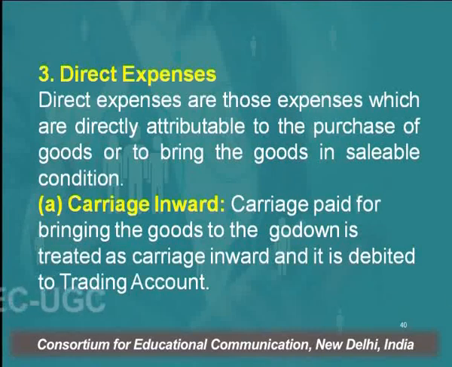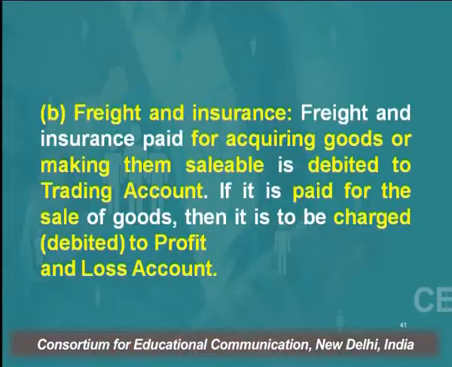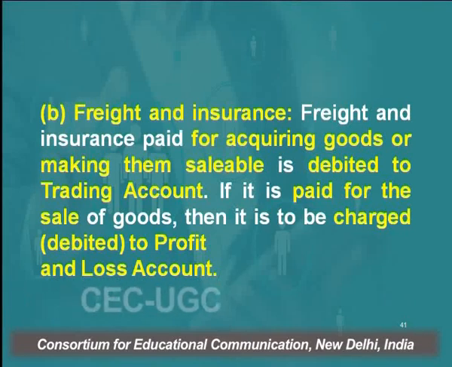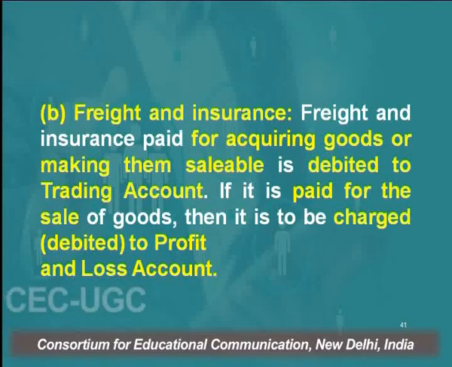Carriage paid for bringing the goods to the godown is treated as carriage inward, and this is shown on the debit side of the trading account. The next item of direct expenses is freight and insurance. Freight and insurance paid for acquiring goods or making them saleable is debited to trading account. If it is paid for the sale of goods, then it is charged to the profit and loss account.